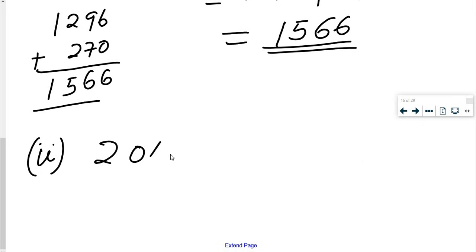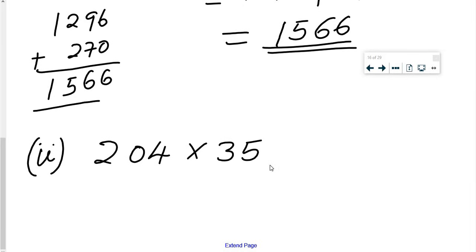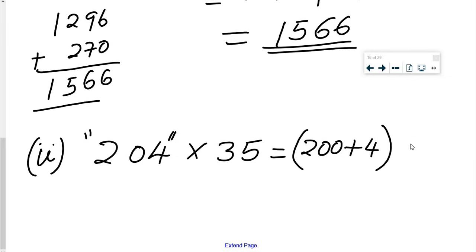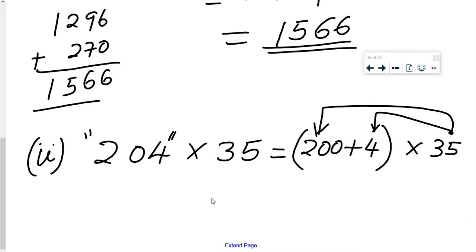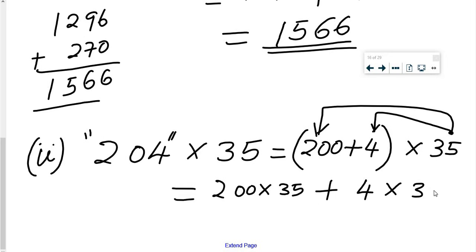So 204 into 35 without using the standard long multiplication. So break this down. You have 200 plus 4 in a bracket into 35, and again open the brackets here. What will you have? You're going to have 200 into 35 plus 4 into 35.